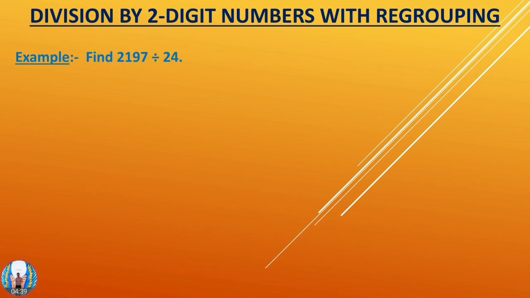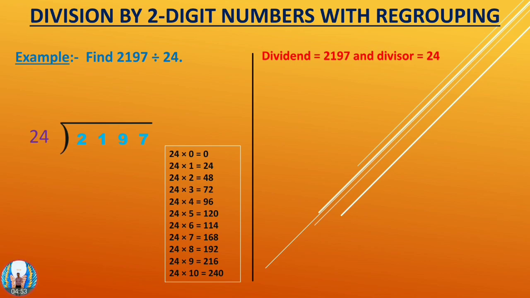Now, division by 2-digit numbers with regrouping. Example: find 2197 divided by 24. Here again we will divide 21 by 24, but 21 is lesser than 24. We cannot divide 21 by 24, so we will take a 3-digit number.